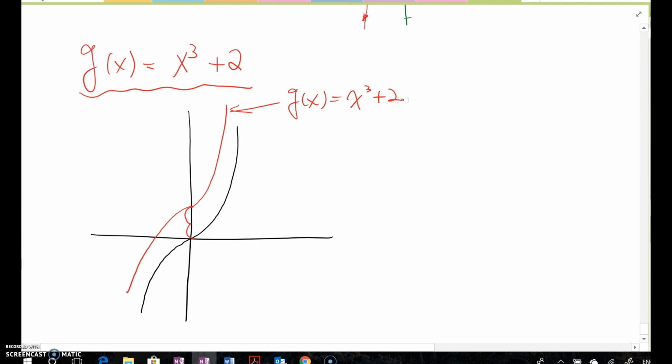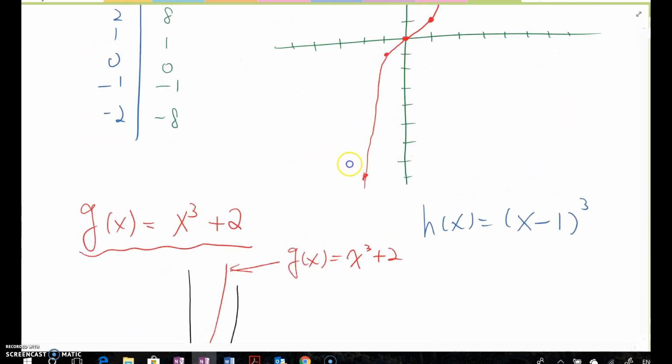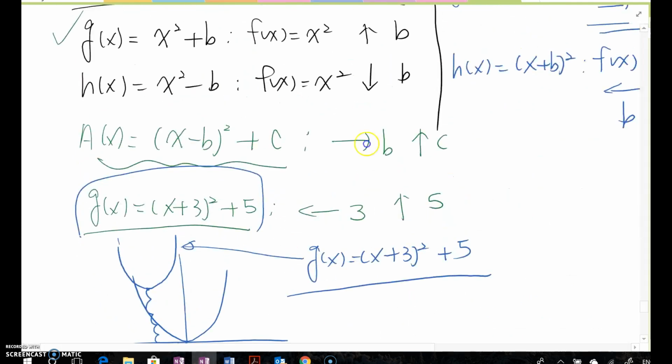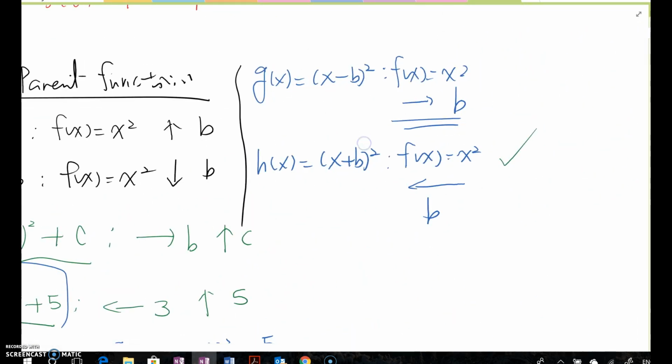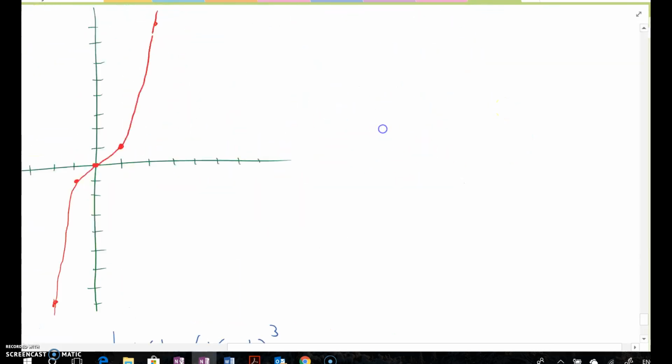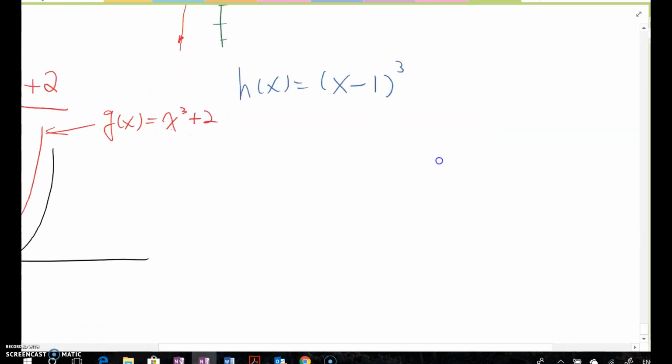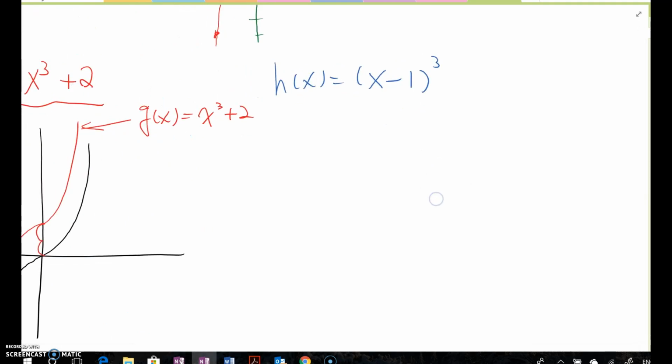And similarly, if given h(x) equal to (x minus 1) cubed, then before, when we talked about the quadratic function, the inside value always moved right over left, right? So this one we can apply exactly the same way. The inside one moves 1 unit to the right.